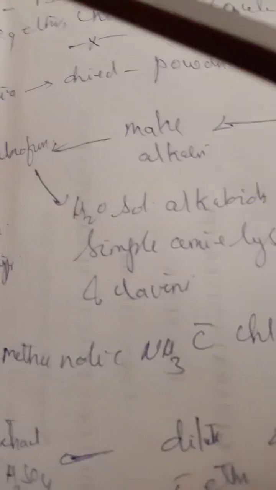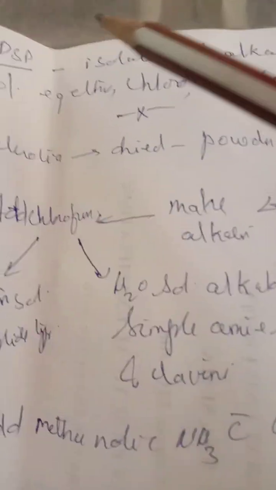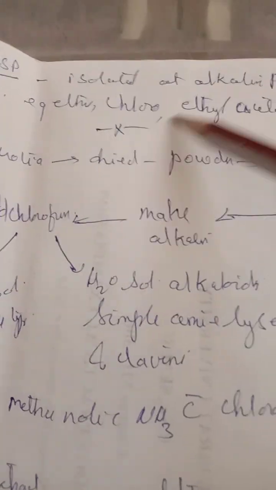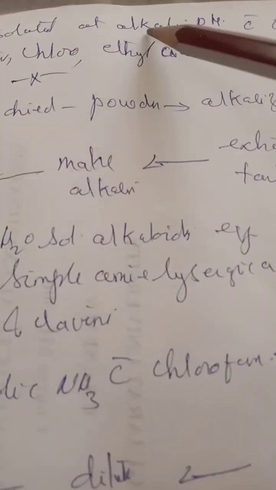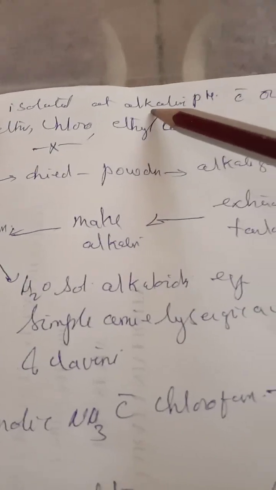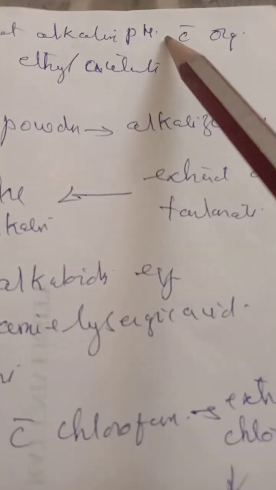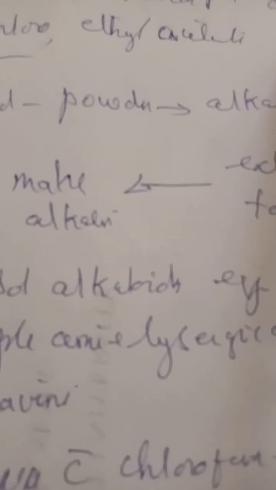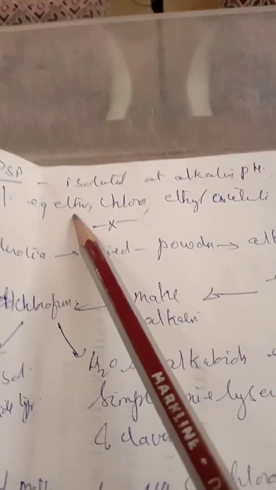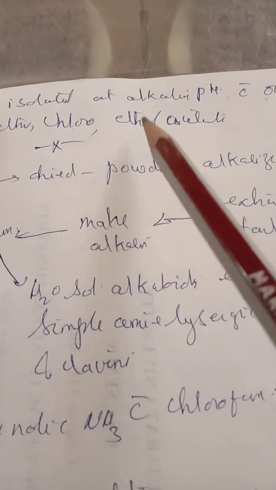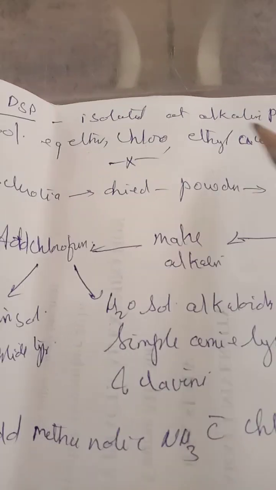Now let us see the downstream process, where there is isolation of ergot alkaloids, and this is normally done at alkaline pH, along with organic solvents like ether, chloroform, ethyl acetate.